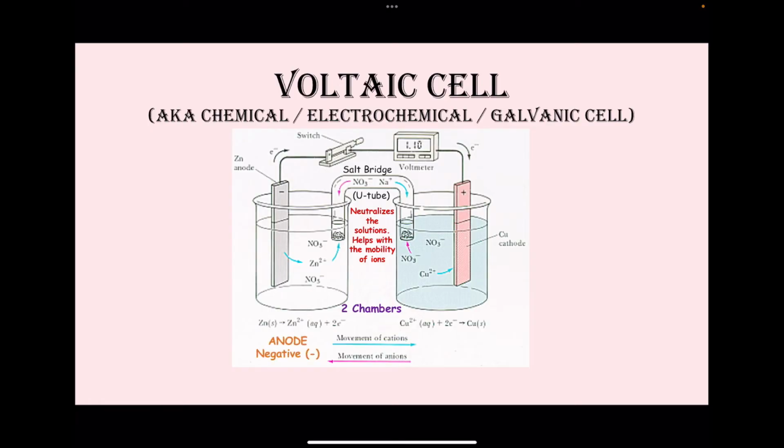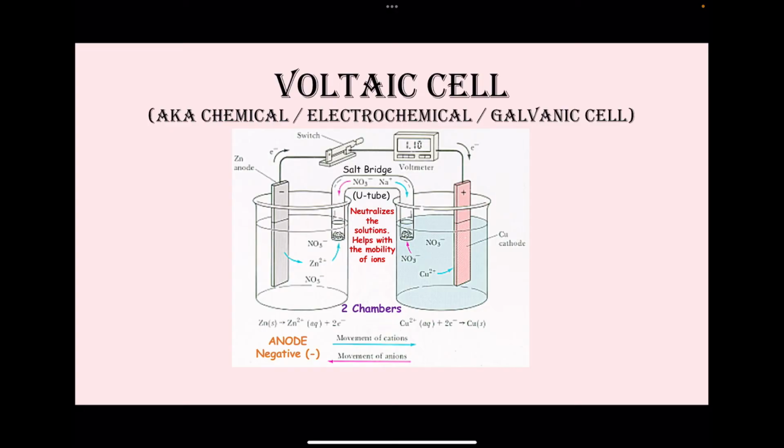So then one of our chambers is going to act as the anode, or the negative side of the cell, and the reason why we call this the negative side is because it's on the negative side of the salt bridge. Super important concept, and this is what most people get confused about, the cathode and anode for voltaic and electrolytic cells.